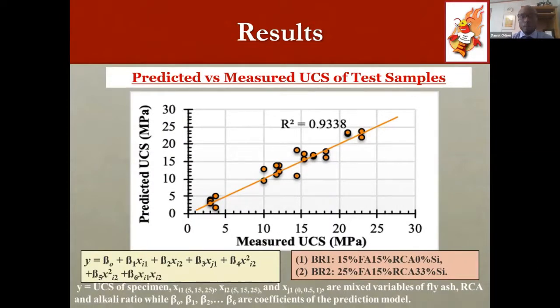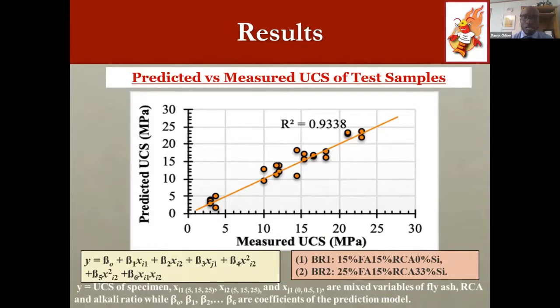In order to determine the consistency in our test results, we plotted the predicted values and the measured values of our UCS test samples, and we found a good relationship between both.